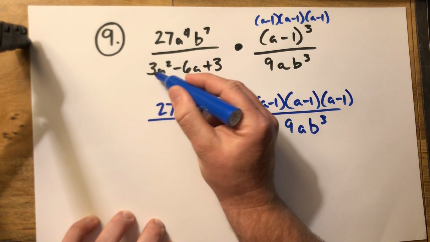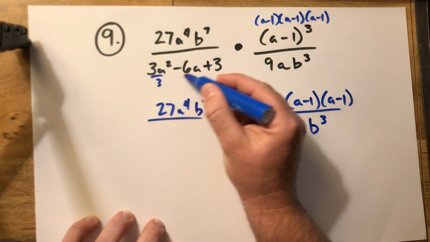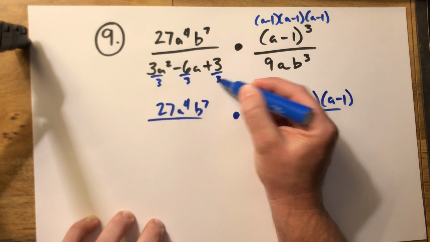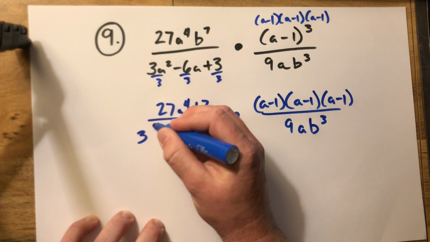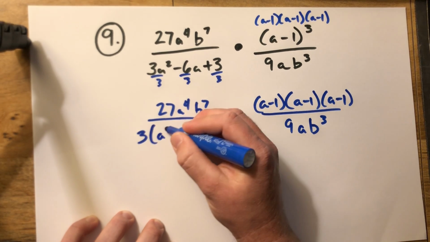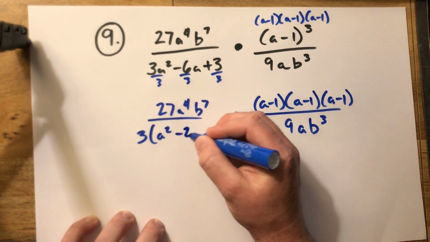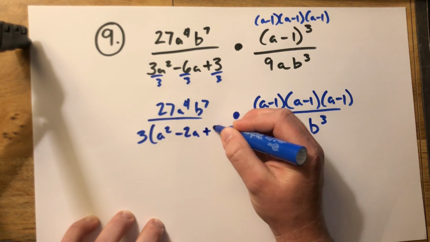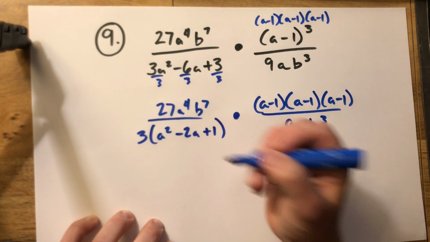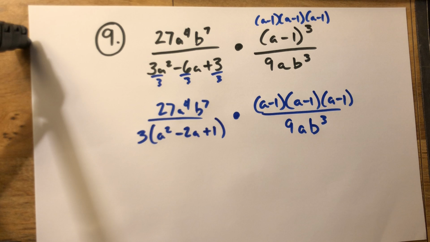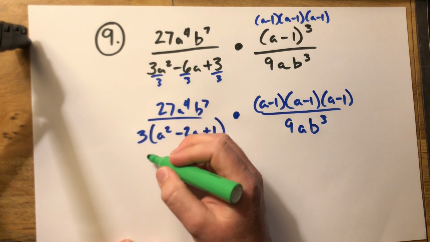And now let's factor this. I'm actually going to divide everything by 3. Factor out a 3 first. So we have 3 times the quantity a squared minus 2a plus 1. Now let's factor that into binomials. If we factor that into binomials, the 3 is still going to be there.